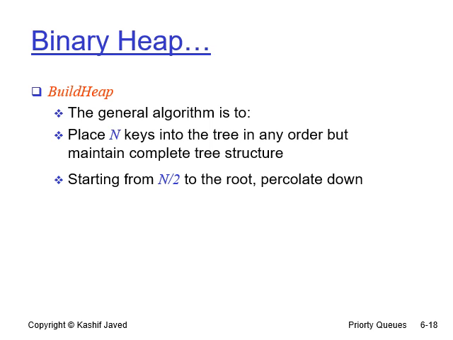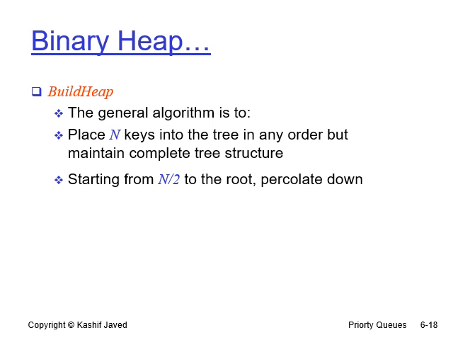Once I have placed those n keys into the tree in any order, the complete binary tree structure should be satisfied, as I said earlier. Then I will start from node number n by 2 and fulfill the heap order property.